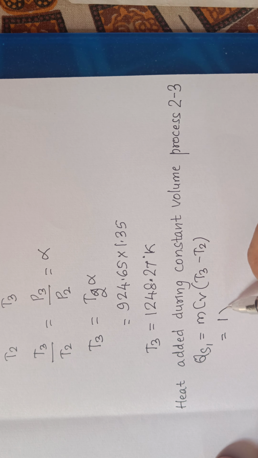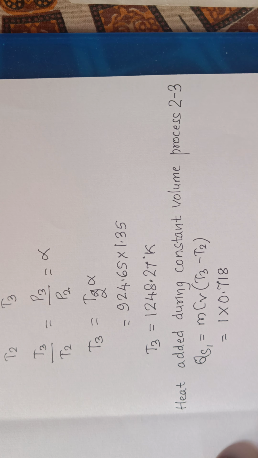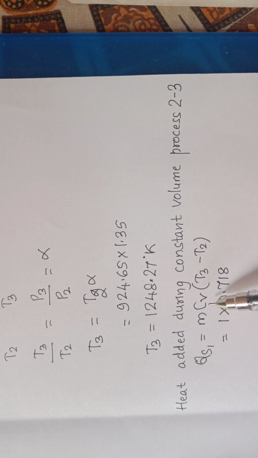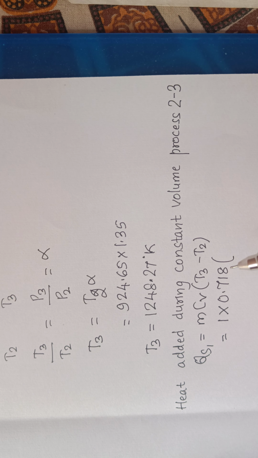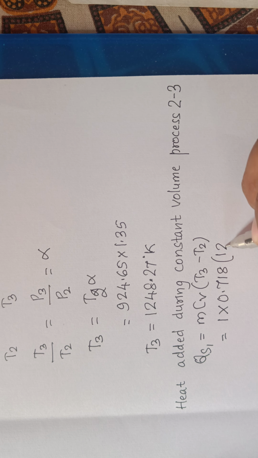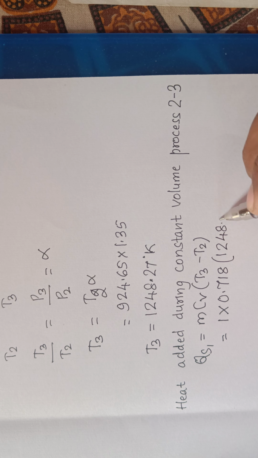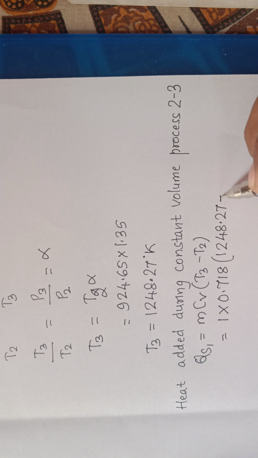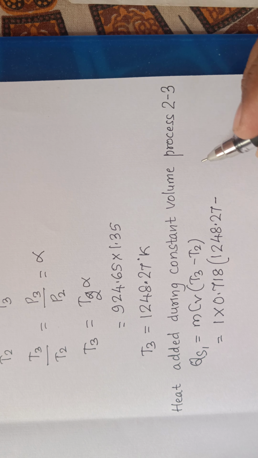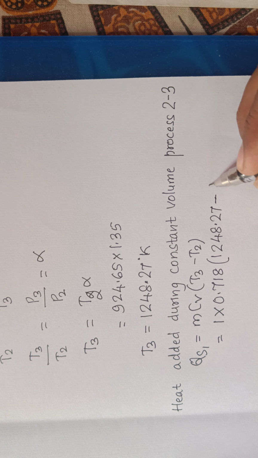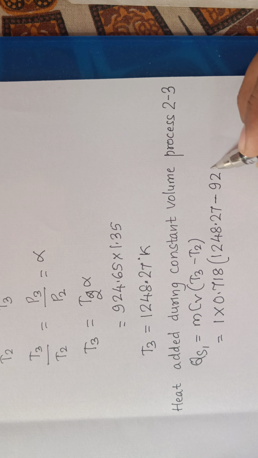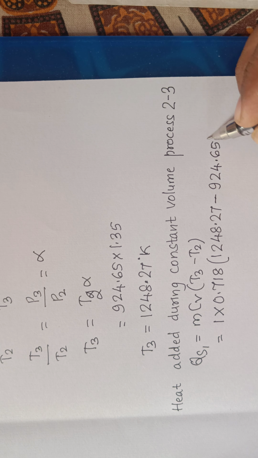So m is 1. Cv is known to us, it is 0.718, the specific heat at constant volume of air, into T3, which you have just found out, 1248.27, minus the T2 value, that is 924.65.